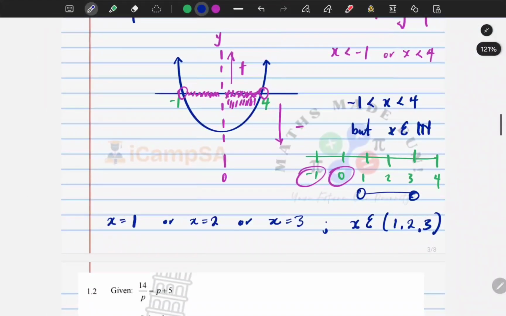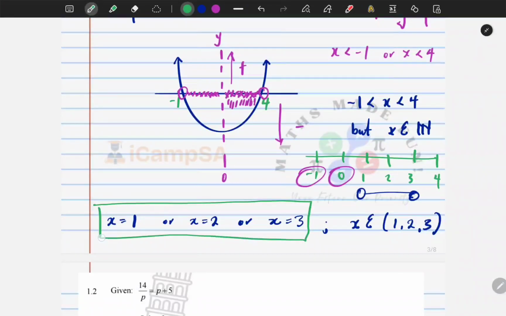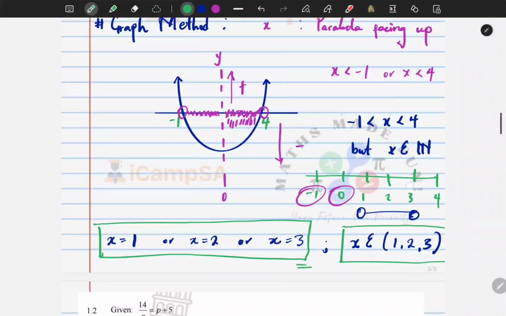So this is how you can write it. These are your solutions. It's the same thing, essentially, and this also counts as a solution.